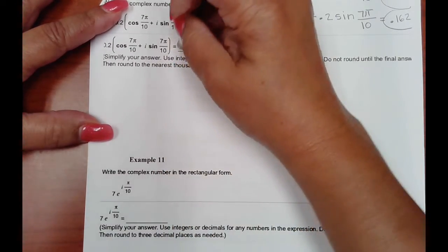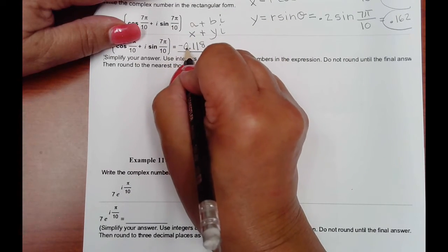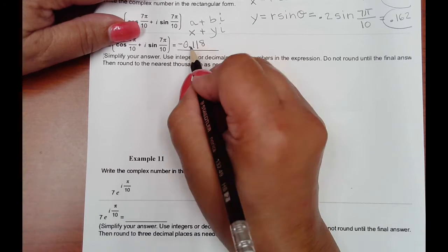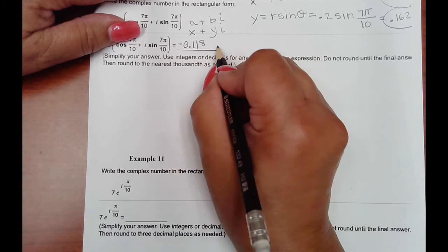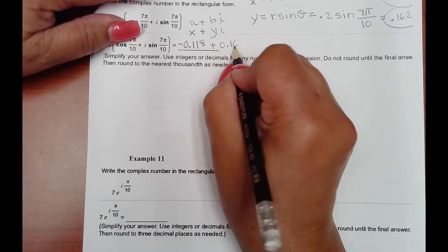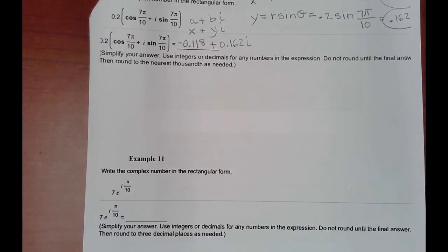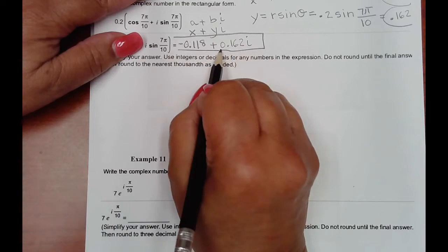You can put the leading 0 if you'd like. I believe you'll be marked wrong in the homework if you don't put that 0. It's up to you. So there's the x, and then it'll be plus y times i. There's the y, and that is the coefficient of your i term. Okay, so that's that one.